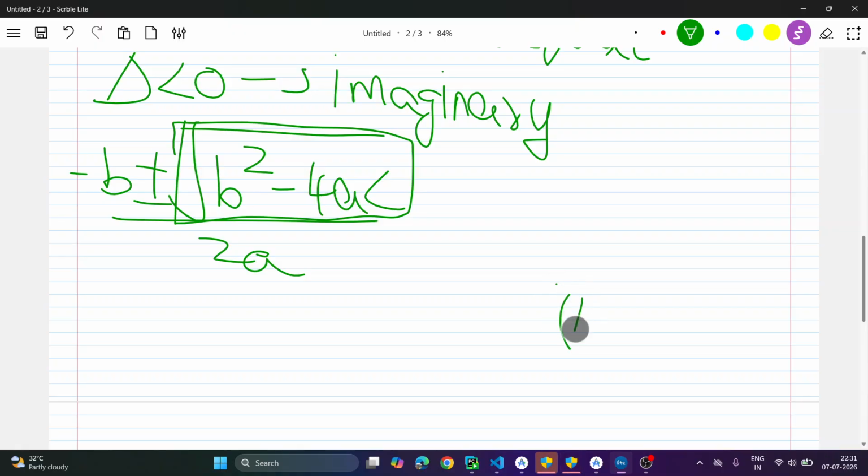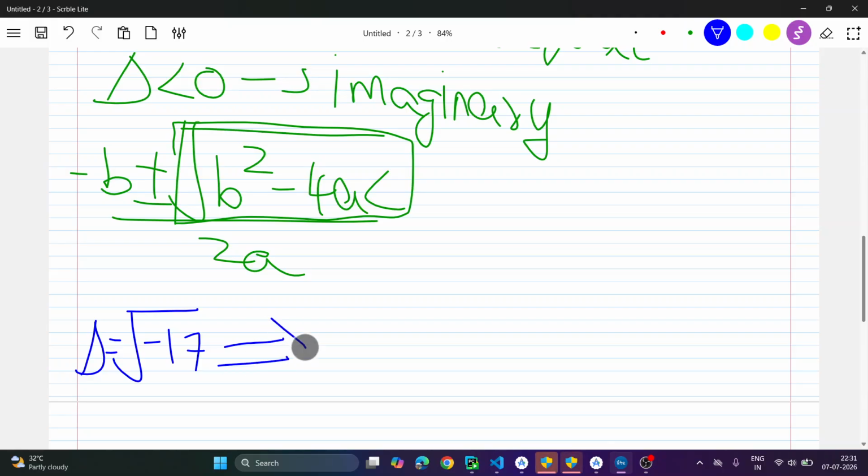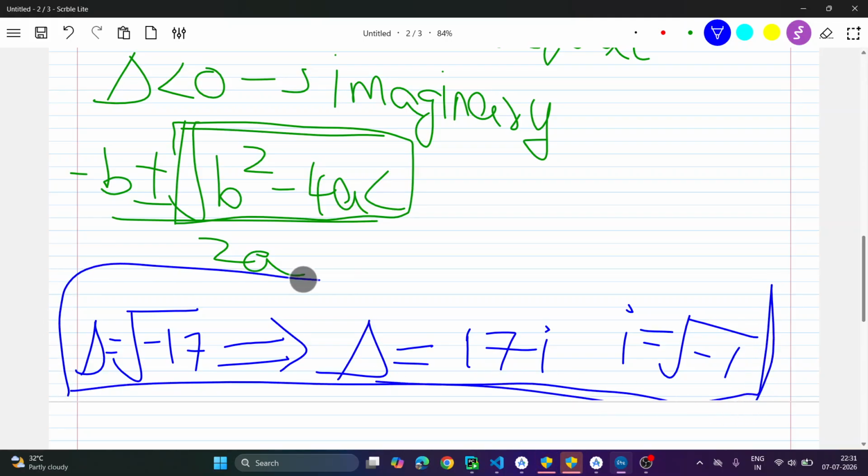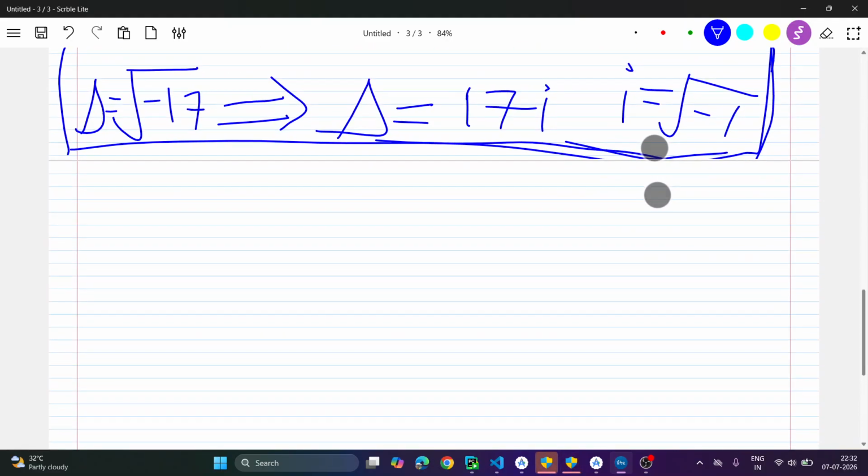Let's say you have the square root of minus 17. Then it equals root 17 times i, where i equals the square root of minus 1. This is just imaginary, because the square root of minus 1 is not possible among real numbers. So like that you can find this.